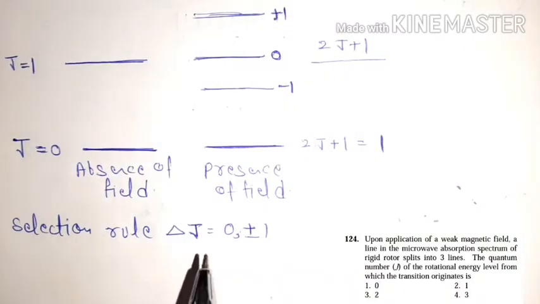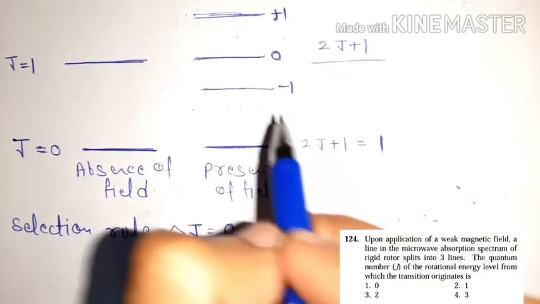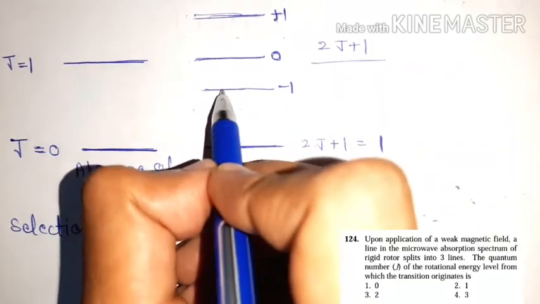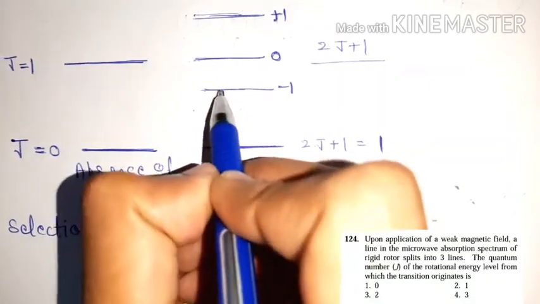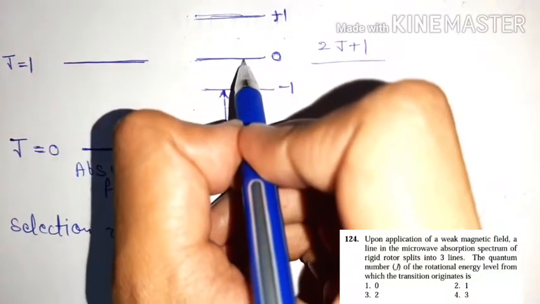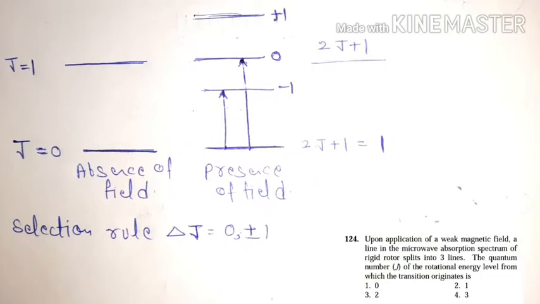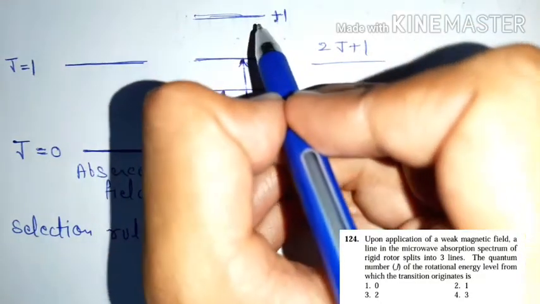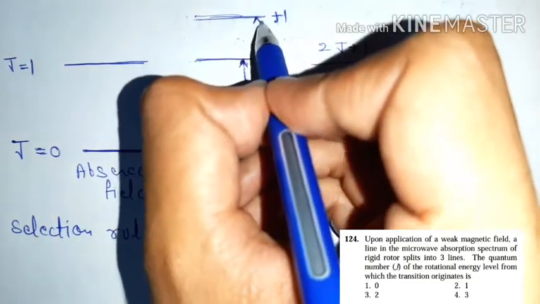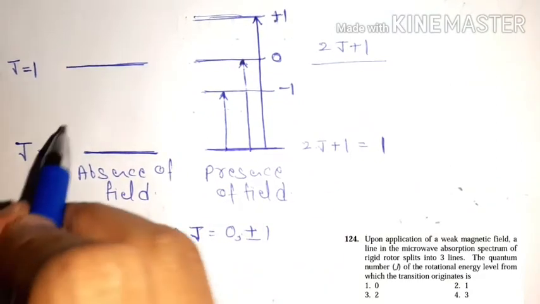Now we have 3 possibilities of transition. First, from 1 to minus 1. Second, from 1 to 0. And the third possibility is from 0 to plus 1. This is 0, this is 1.